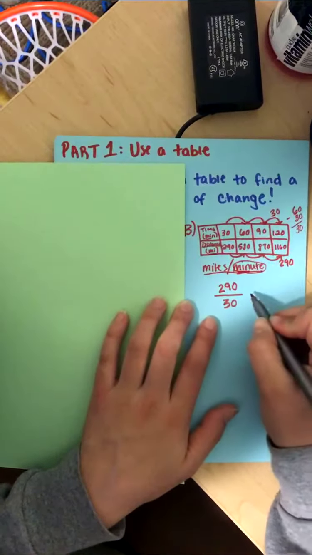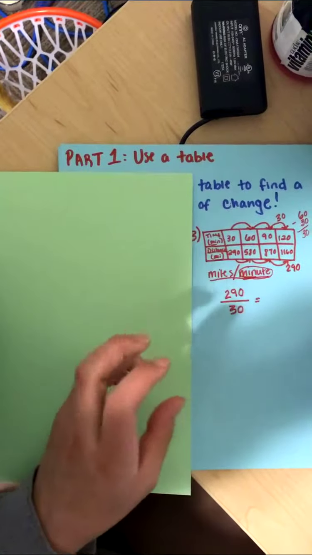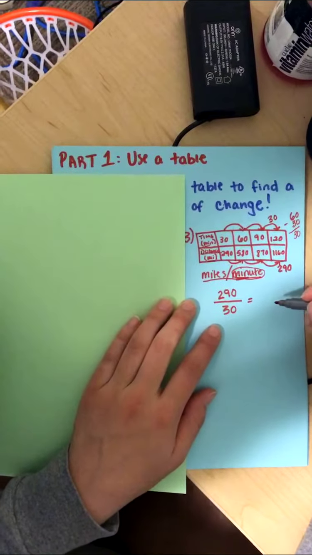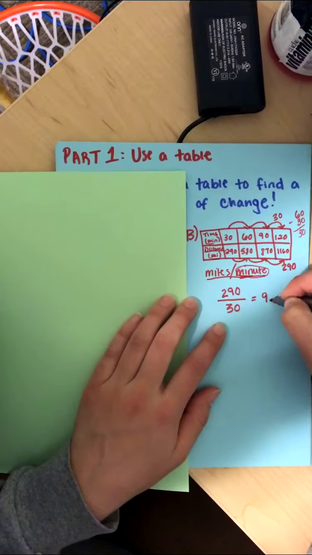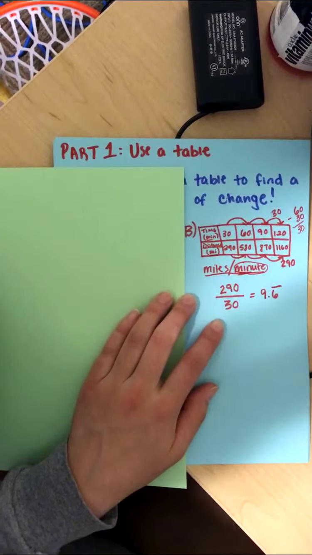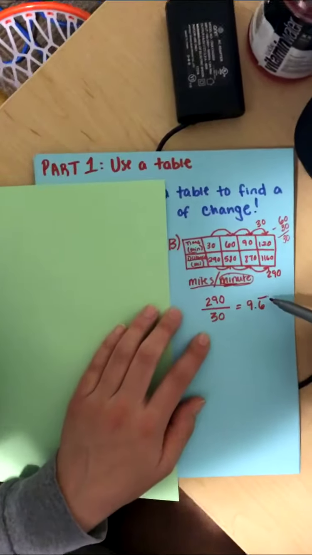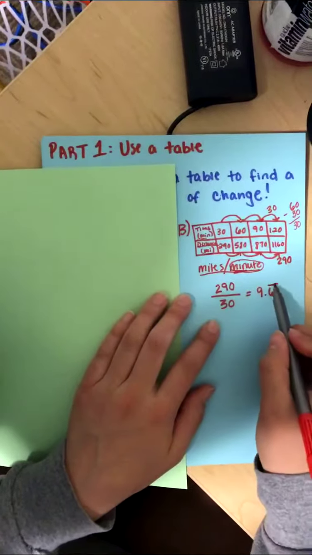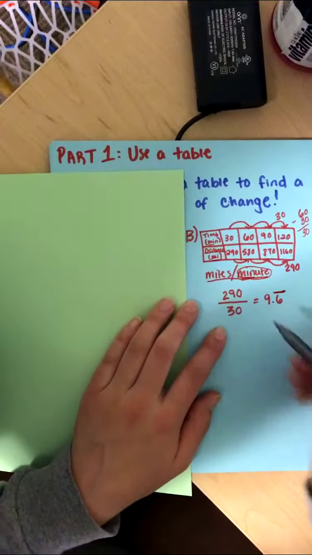290 divided by 30. If you take your calculator, you get an approximate, as they asked for in the story problem, answer. 9.6 repeated. Now, I want to put an emphasis on the repeated part of this, because that's what this label in math means. It means that the sixes just keep going on.